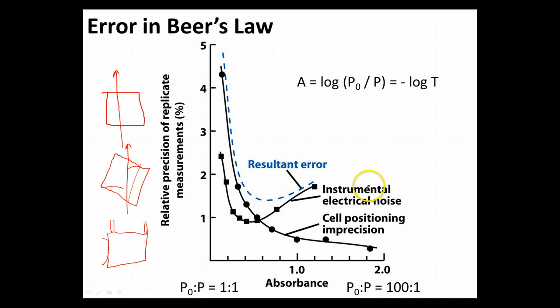Now, instrument electrical noise, what does that exactly mean? Let's just picture what's going on. If we have a really high absorbance, then what we're saying is that no light should be passing through my cuvette. So basically, I've just turned off the light getting to my detector. At that point, should I see any voltage fluctuations on my detector?